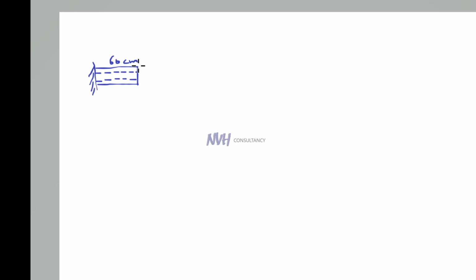The steel shaft outside is about 40 millimeters, inside is 20 millimeters. After this, this steel shaft is attached to another steel shaft, 80 centimeters, which is solid steel.